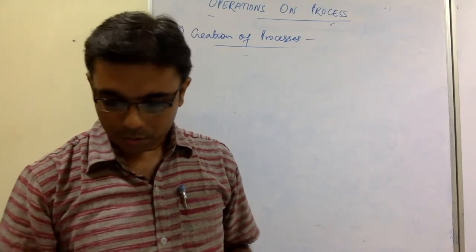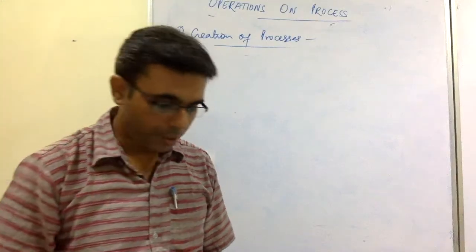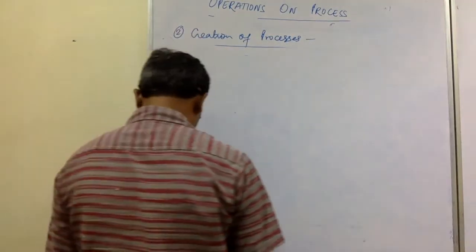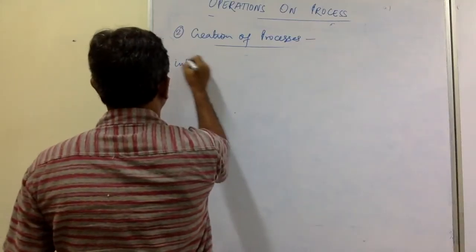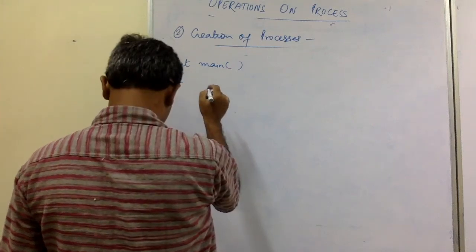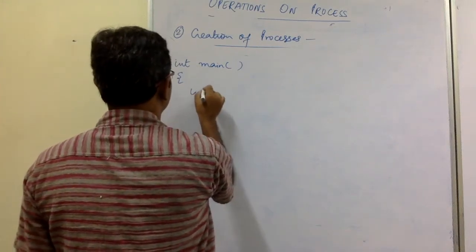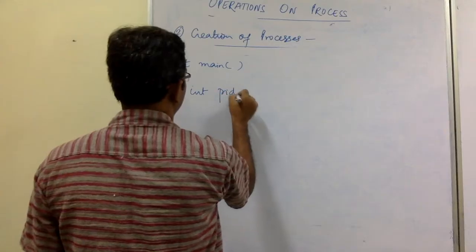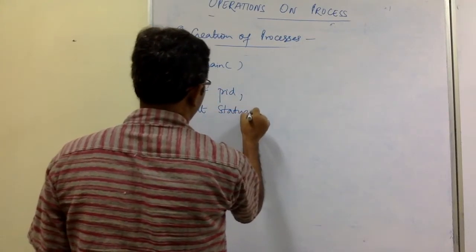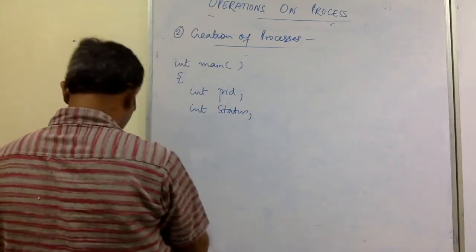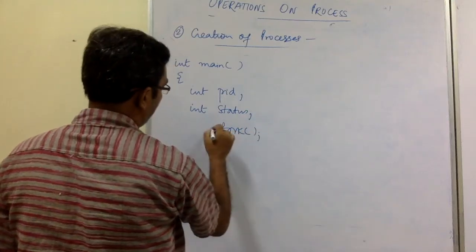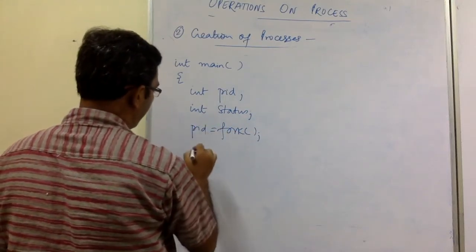So let's take two variables called PID and status, and we fork and store the result in PID.